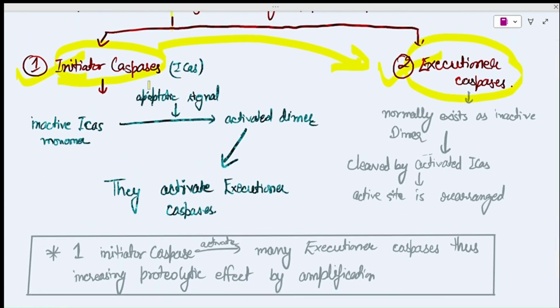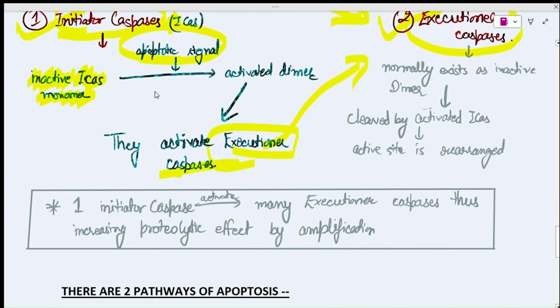See, this ICAS here stands for initiator caspases, so I have written inactive ICAS, which are initiator caspases in the form of monomers. When they get the apoptotic signal, they activate and become dimers. And they activate executioner caspases, so they will work here. Executioner caspases normally exist as inactive dimers until they are cleaved by initiator caspases.